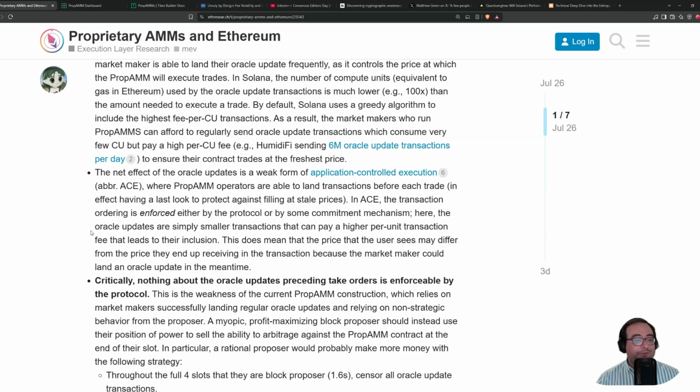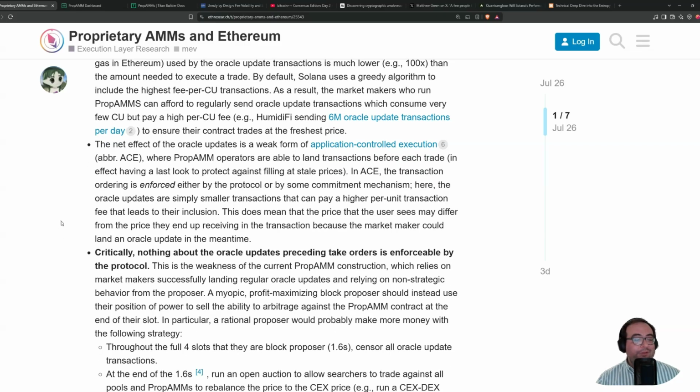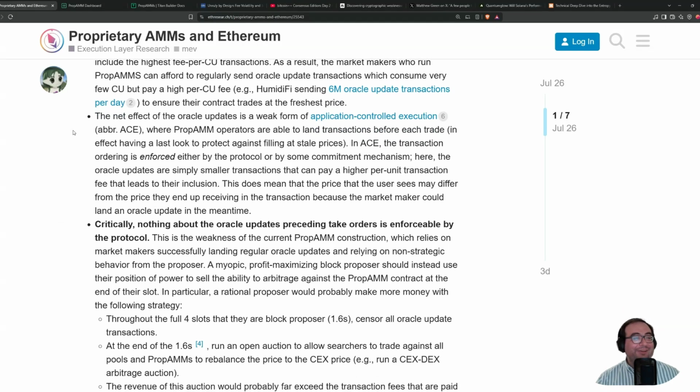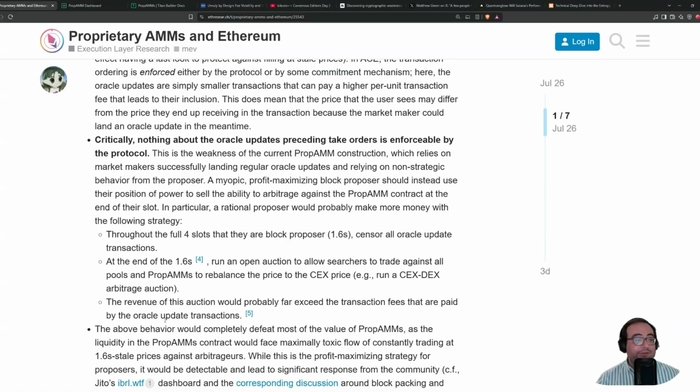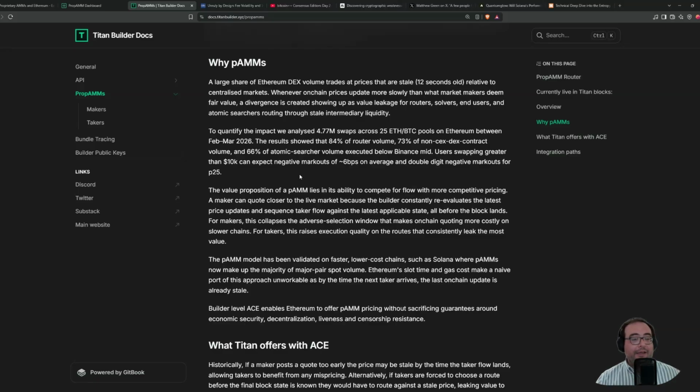But yes, there is a solution, and it is what is being done right now on Ethereum, because we have prop AMMs for Ethereum. Instead of waiting for the block, if you're a prop AMM operator, you go directly to the block builder and work directly with the block builder. So you go to Titan, you go to Quasar, they also offer this service. And basically, as a market maker, you send price updates directly to the block builder continuously.